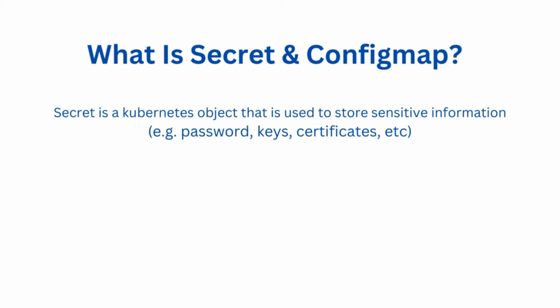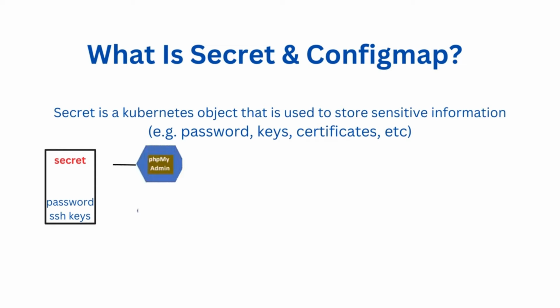The secret information could be usernames, passwords, SSH keys, or sensitive configuration files, etc. The way it works is that the secret resource is created separately, either by using the command line or YAML. Then the application pod or any other resource can reference the secret, which basically means that what needs to be referenced needs to be created first.